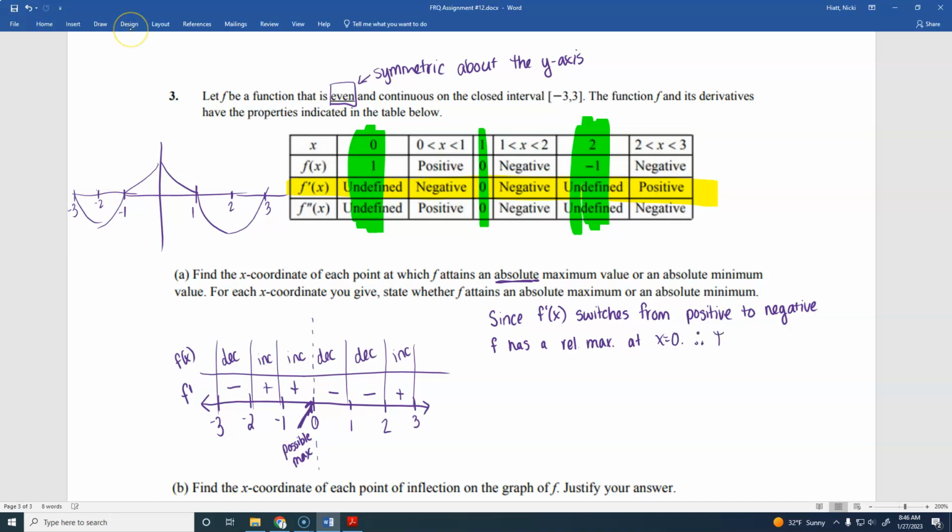Therefore, the absolute maximum is either at x equals -3, x equals 0, or x equals 3. Okay, is everybody with me there on that part?